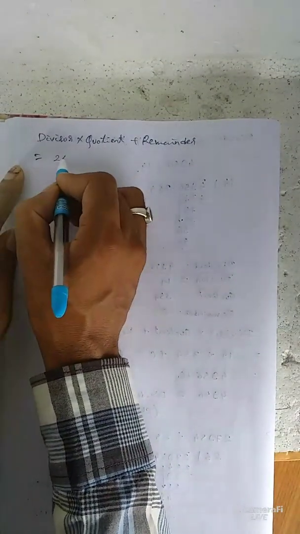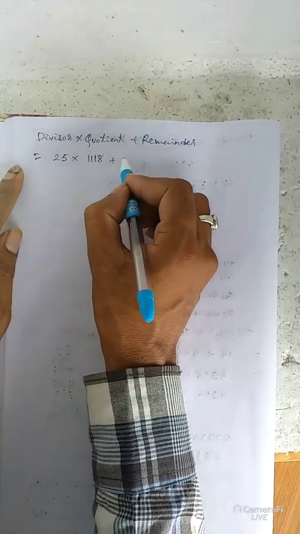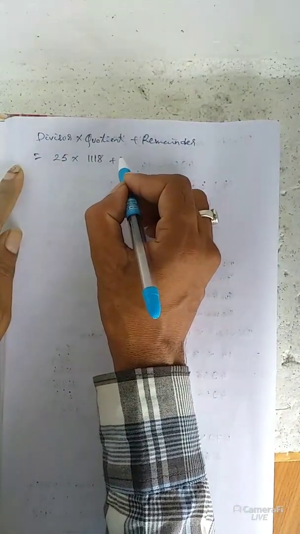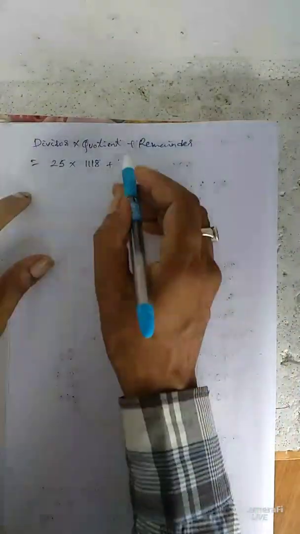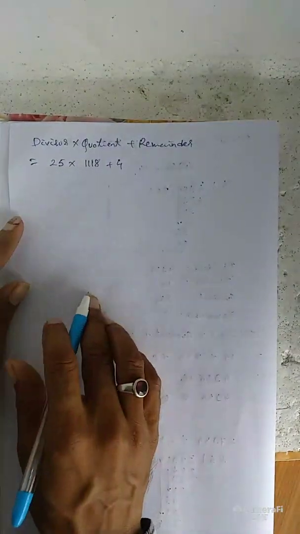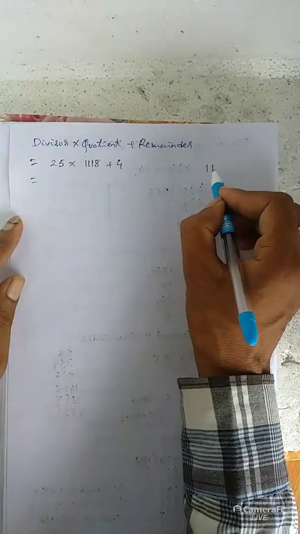Divisor was 25, quotient was 1118, and remainder was, what was the remainder here? 4. Sorry, remainder was 4. Let us multiply first 25 and 1118.